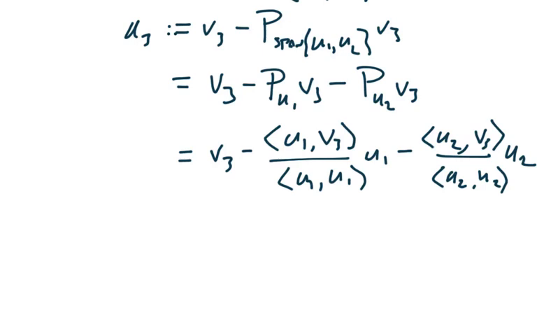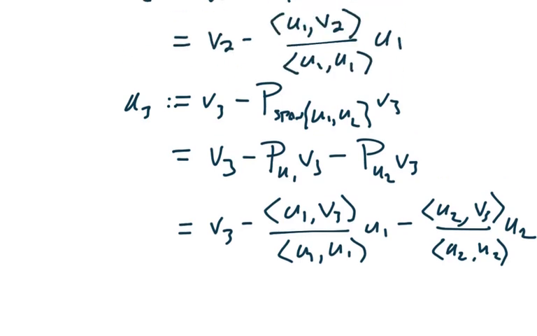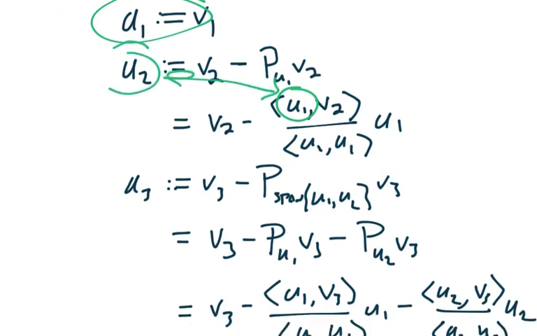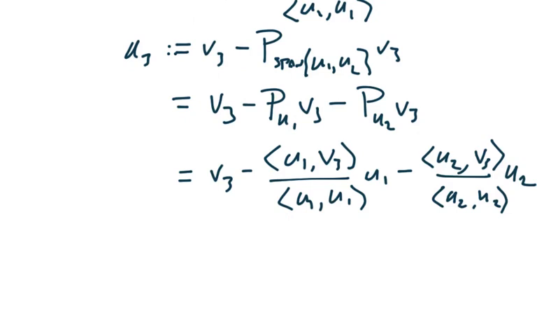And now, this is how this really goes, right? You define your first vector right here. You use U1 to define U2, right? So they inform one another. And then you use U1 and U2 to define U3.